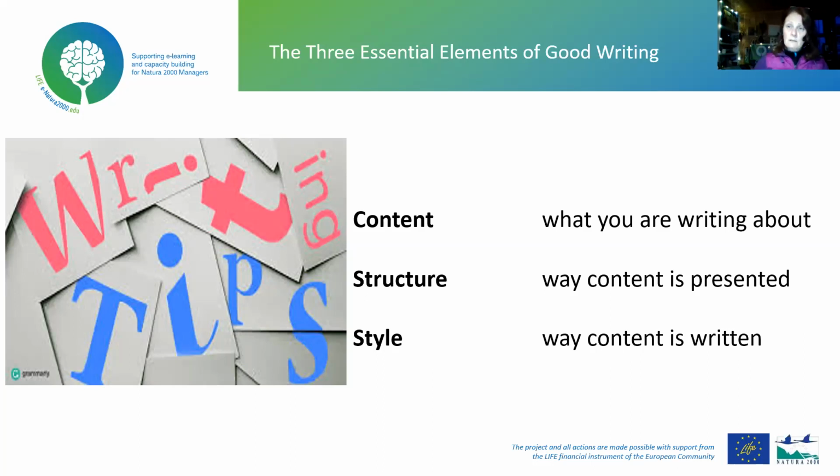You could decide to write it in the first person, or write it from the perspective of a plant, an animal, a rock, a fantasy person. So there are different ways of creating interest through style. But essentially, the three things that you need to be thinking about for any piece of writing, whether it's technical or creative, are the content, the structure, and the style.